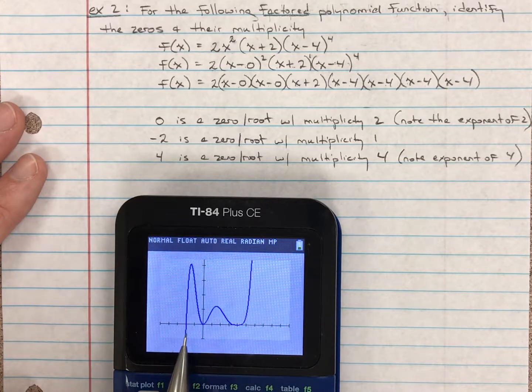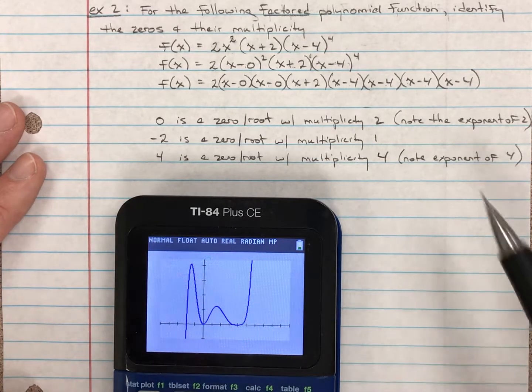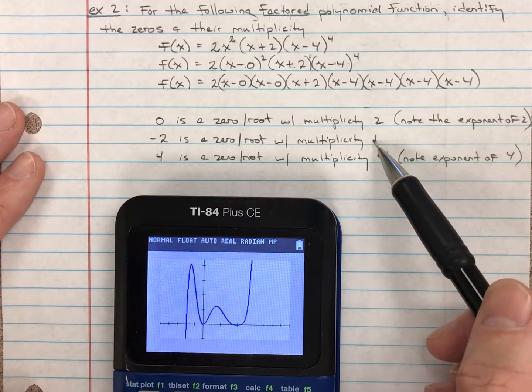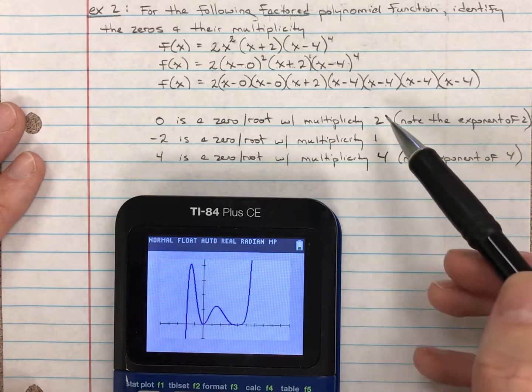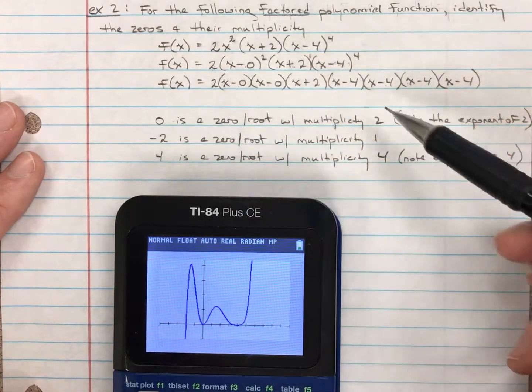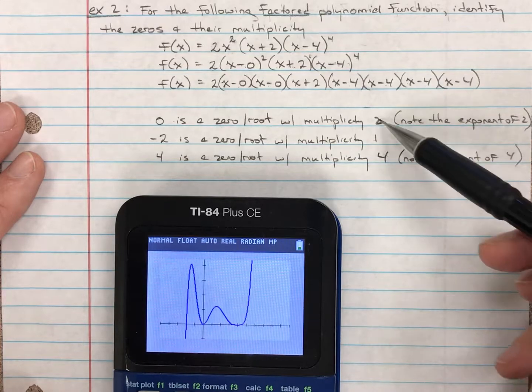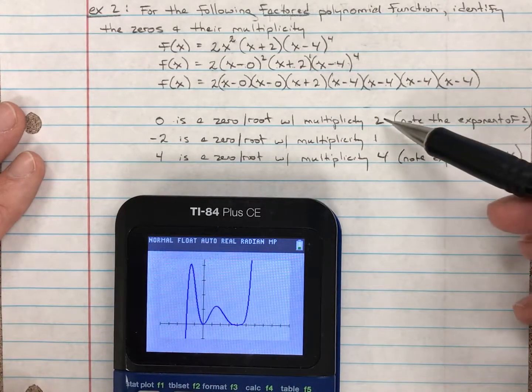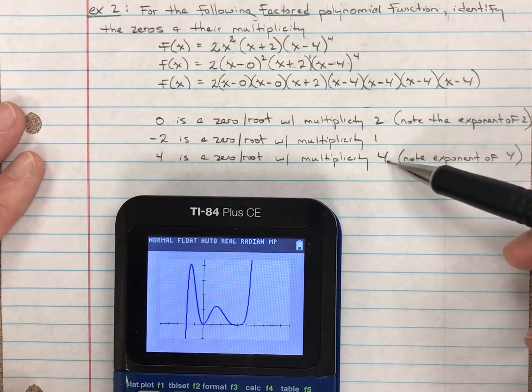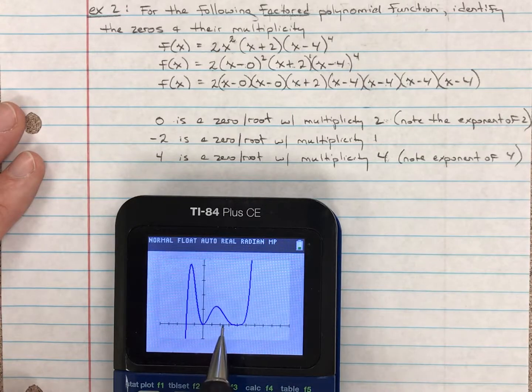Okay, I want to notice a couple things here. Notice that with the multiplicity of 1, the root of -2, the graph crosses the x-axis at that root. Notice at the root of 0 and the root of 4, here's 0, here's 4, they both have even multiplicity. One has multiplicity of 2 and one has 4.